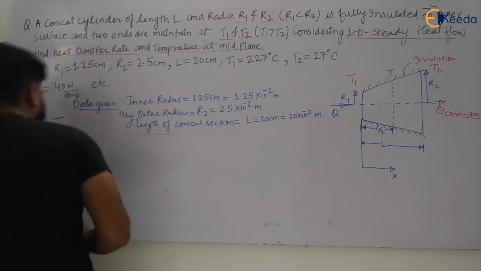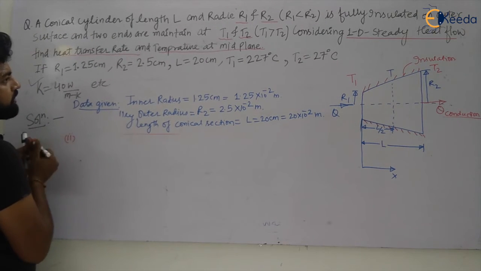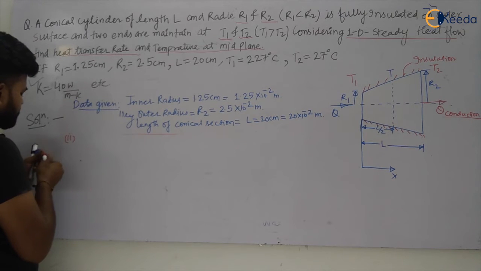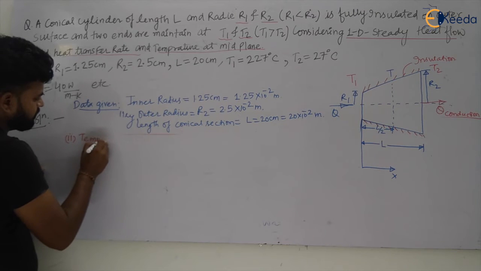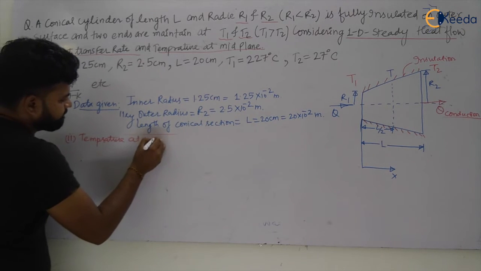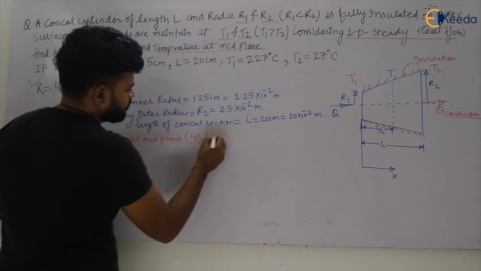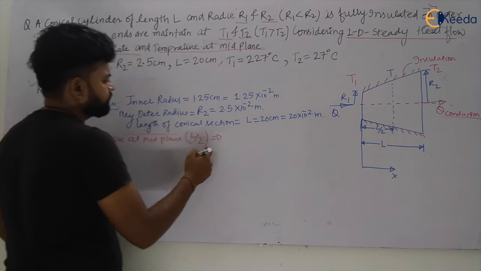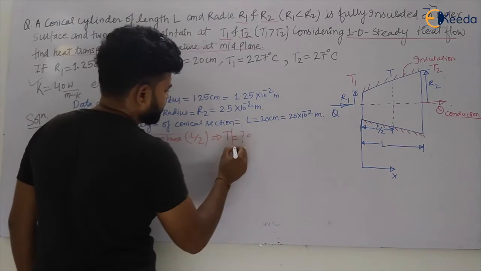So temperature at mid plane is given by what? Let us see. Temperature at mid plane, that is L by 2. So what is L by 2? This is T, we have to find at L by 2.